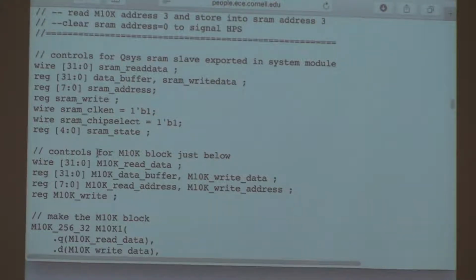So there's a read data line, which is a wire because it's being driven by a register in memory. There's data buffers, which is just a data buffer I'm using for general computation, a write data, read address, write address, and a write command.